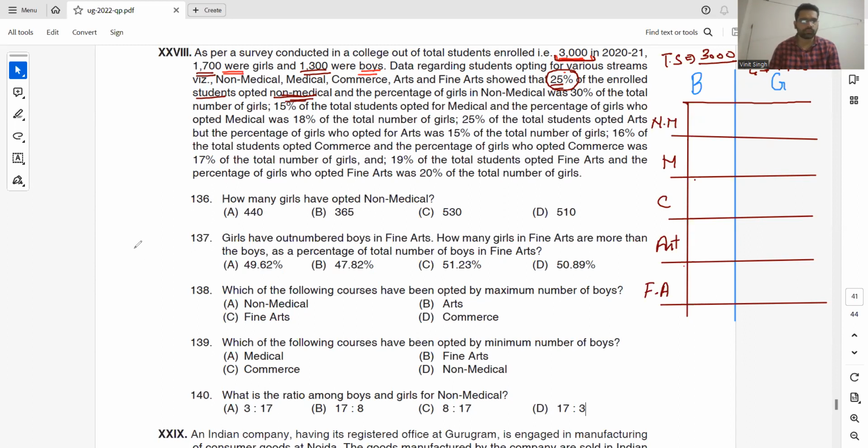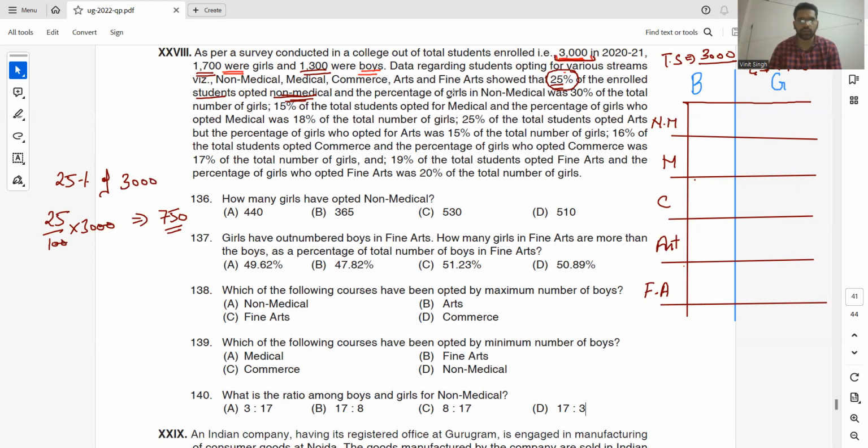So 25 upon 100 into 3,000, which is equal to 750. So 750 students enrolled in non-medical.